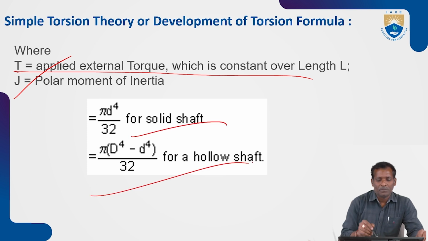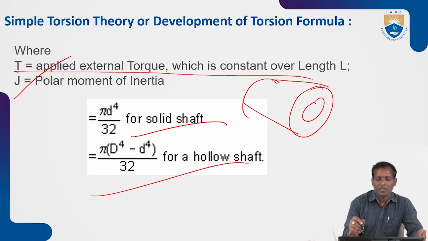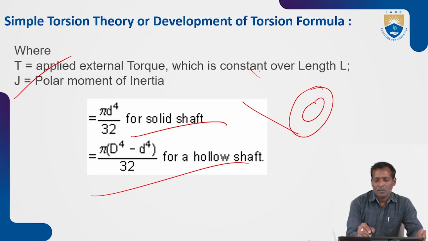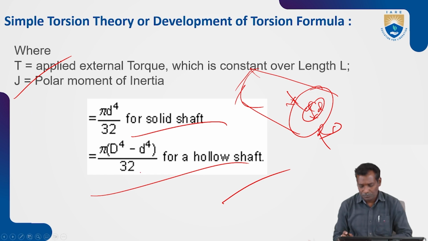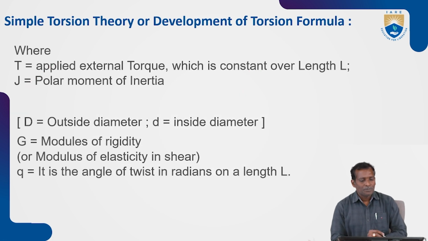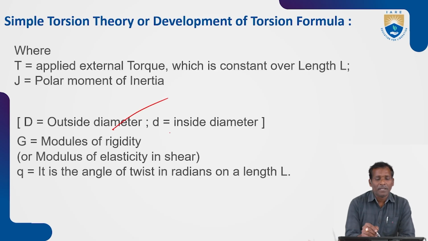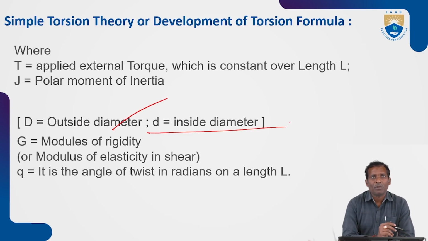In the case of a hollow shaft, there are two diameters, inner and outer: inner diameter small d and outer diameter capital D. So you can write the polar moment of inertia for the hollow shaft as pi into capital D to the power 4 minus small d to the power 4, by 32, where capital D is the outside diameter and small d is the inside diameter.